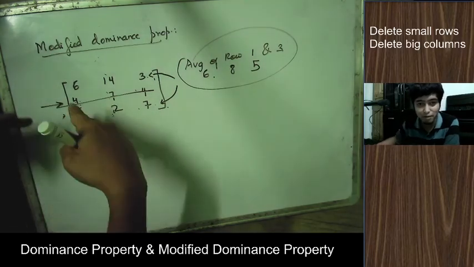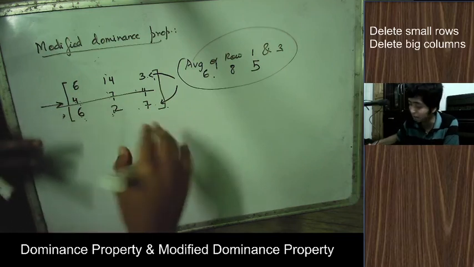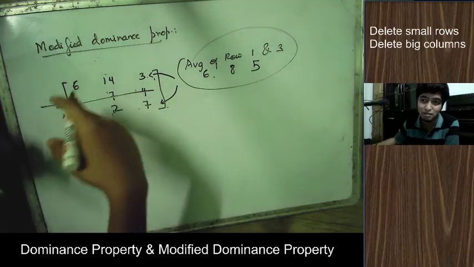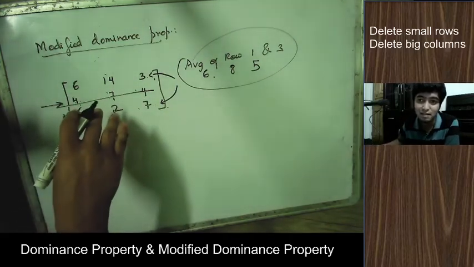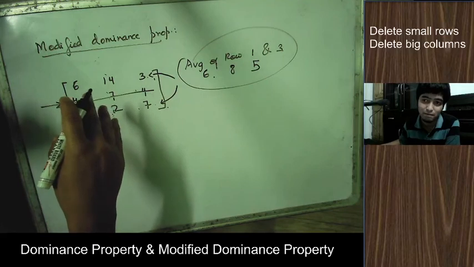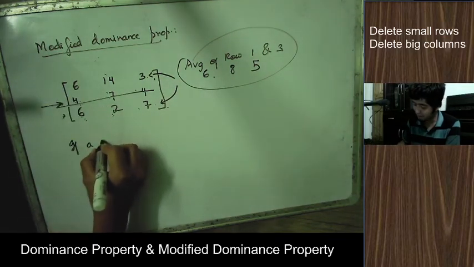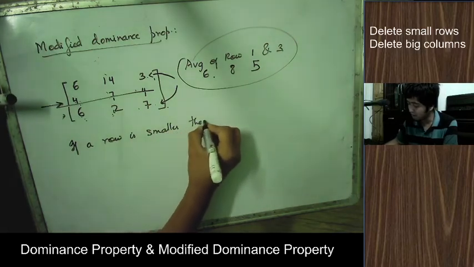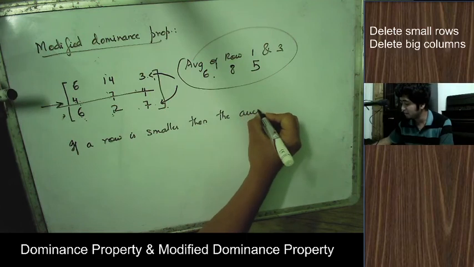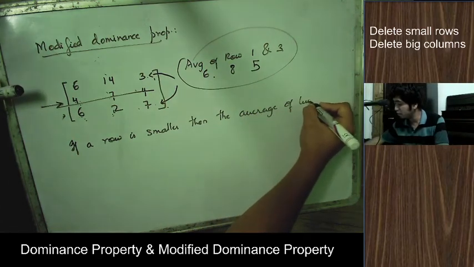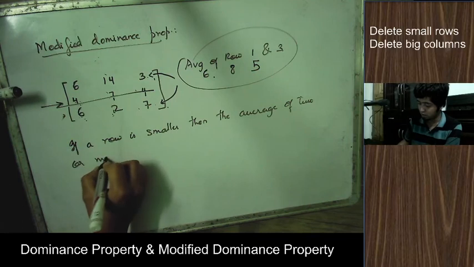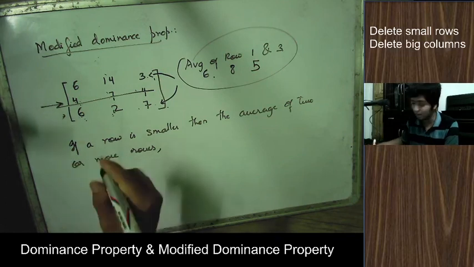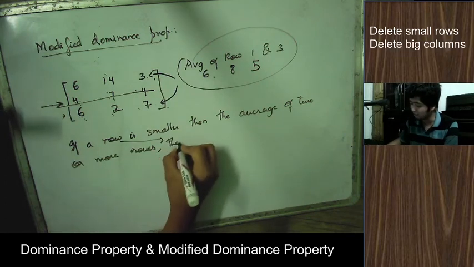Similarly, if you are comparing 3 rows, or 4 or 5 rows, you just have to take the average: the average of 3 rows, the average of 4 rows, and then you can easily delete the small rows. So if a row is smaller than the average of 2 or more rows, then that row can be deleted.